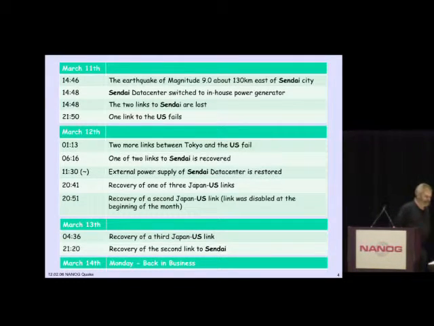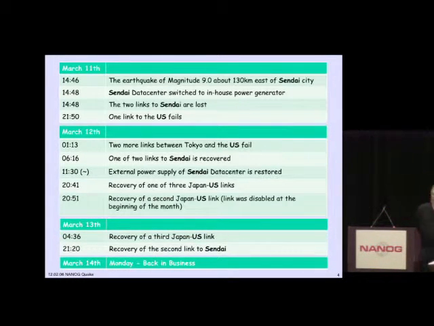The two links to Sendai from the Tokyo area were lost. And starting about 5 hours later, links overseas, the Transpac links, were lost. The reason for the 5-hour delay is that what you're really seeing is underwater landslides taking out those links, a considerable delay.